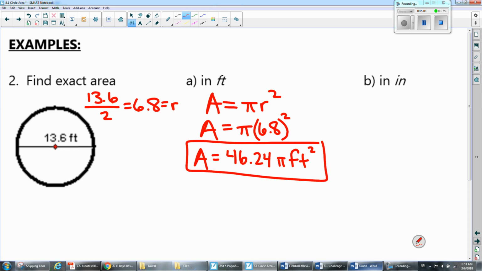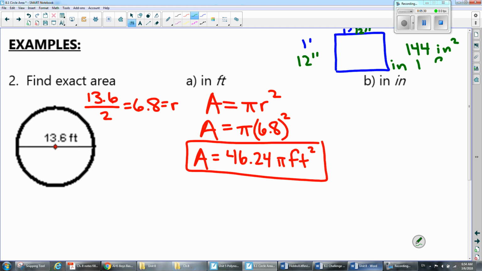If we were measuring this in inches, we need to think about how many square inches are in a square foot. Again, if this was my square and I was 1 foot by 1 foot, that really means that there's 12 inches by 12 inches. So to find the area here, there'd be 144 square inches in 1 square foot.